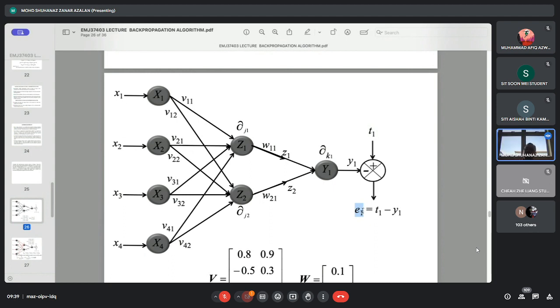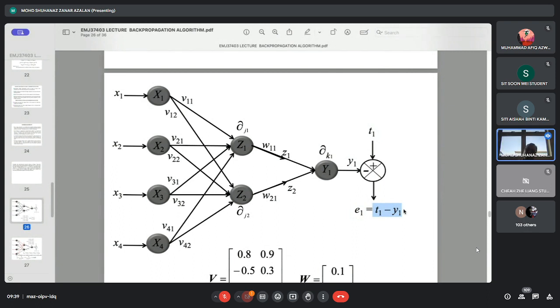If we want to train the network until it stops when E is equal to 0.005, then when we get the value of Y, we take the target minus Y and see what the value is.